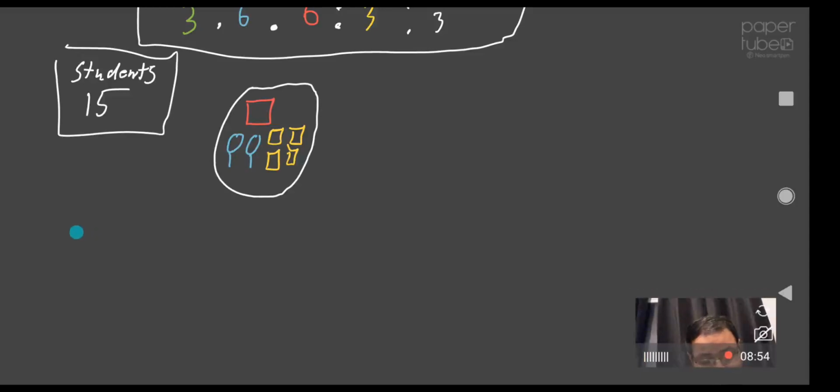So if I have one student, I'm just going to draw the ratio for what they're going to get in their goodie bag. Oh, darn it, I messed up my coloring.